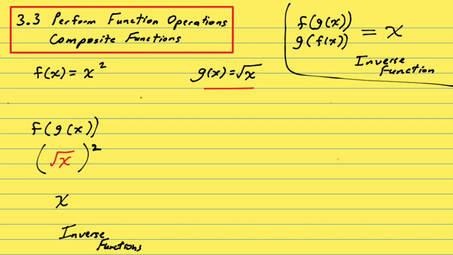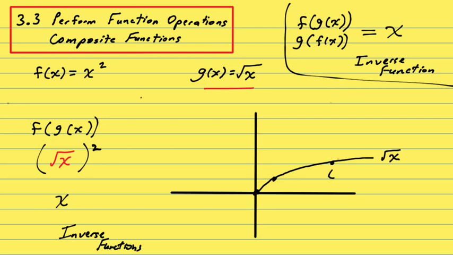Inverse functions have very special properties. Let me see if I can do this a little more accurately here. What does square root of x look like? Does it go through 0, 0, 1, 1, and 4, 2?